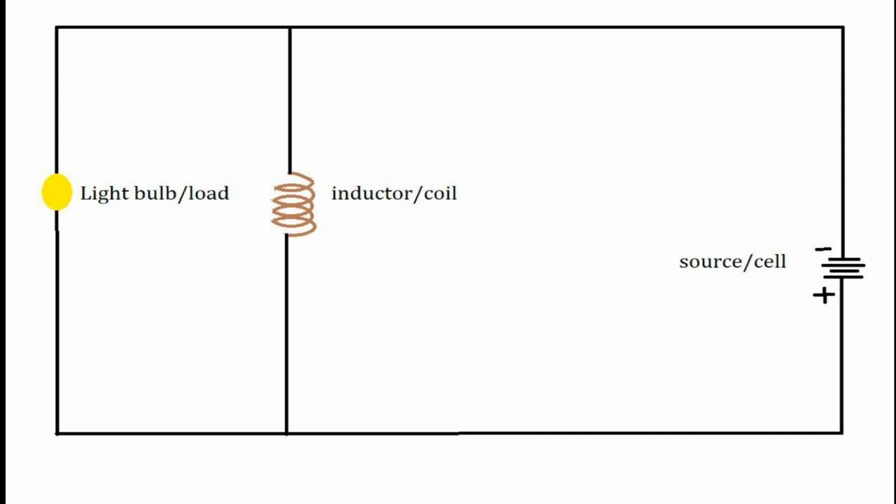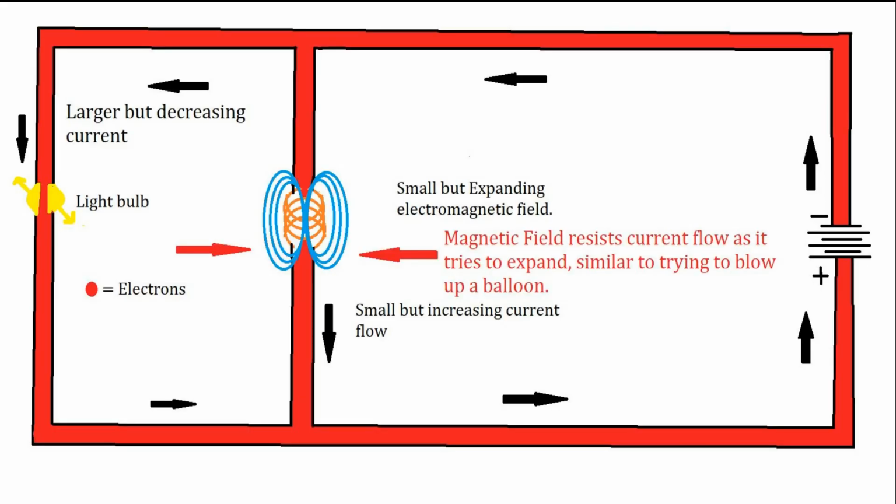In a parallel circuit with a load, which is a device that uses energy, maybe a light bulb in this case, the load offers less resistance and the inductor offers more resistance when you first apply power to the inductor.